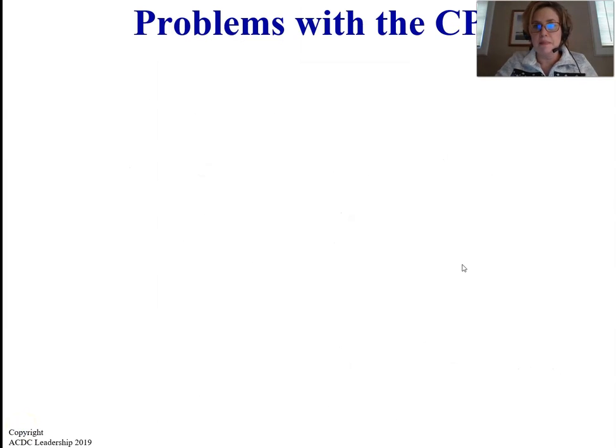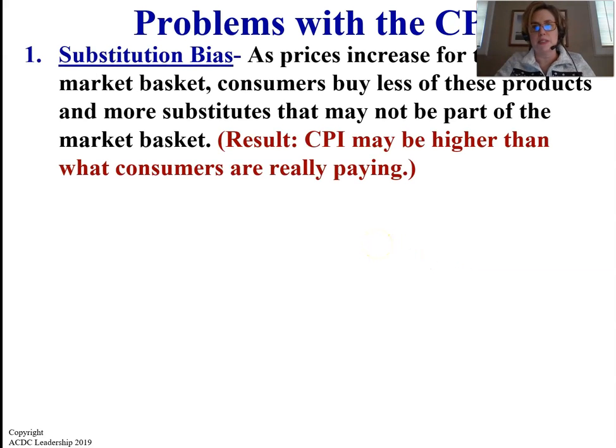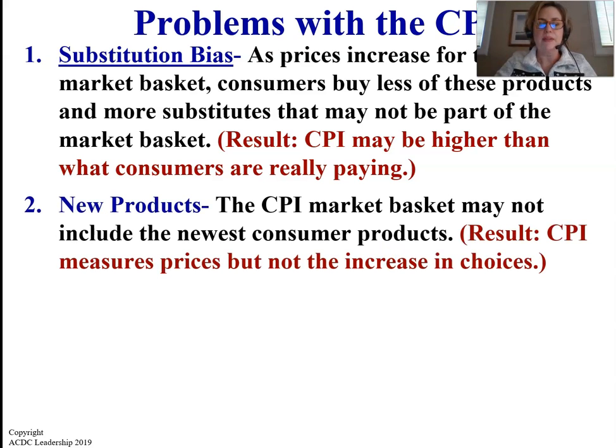So there are some issues with the consumer price index. The first is the substitution bias. As prices increase for a fixed basket of goods, consumers will buy less of those products and more substitutes. So those goods might not actually be part of the basket. So the CPI may be higher than what consumers are actually paying. New products. The CPI market basket may not include the newest consumer products that we're buying.